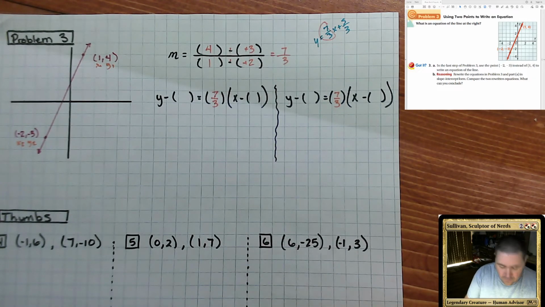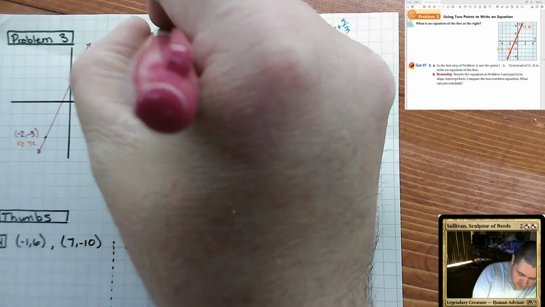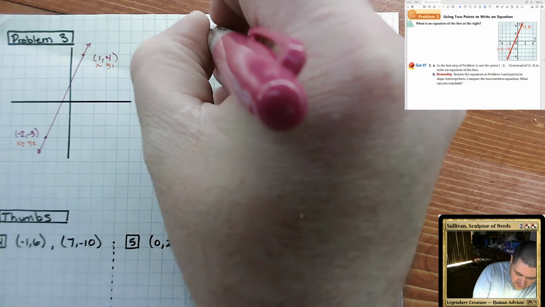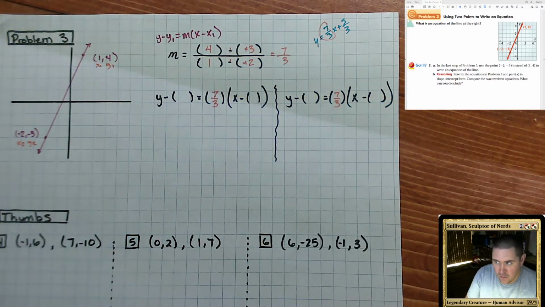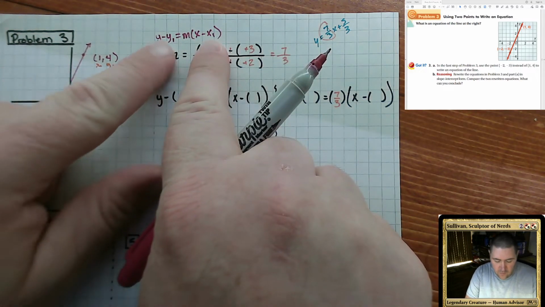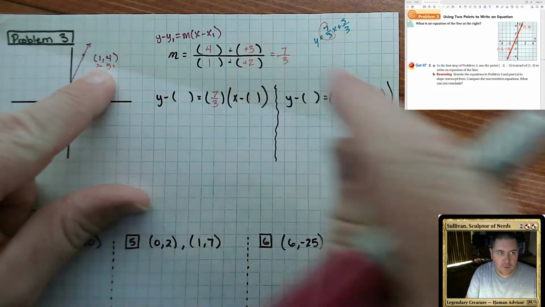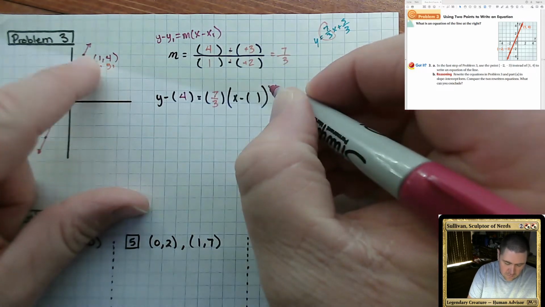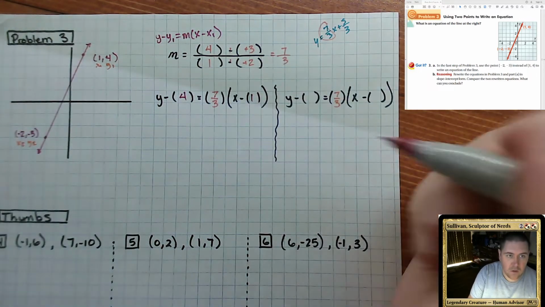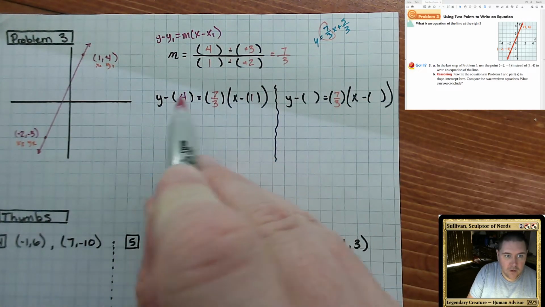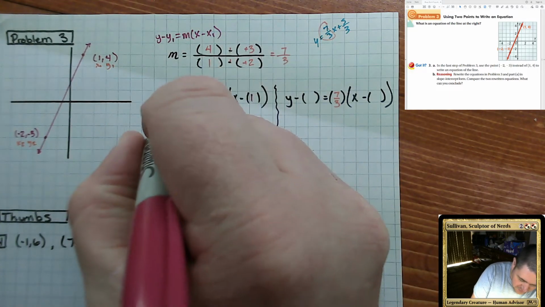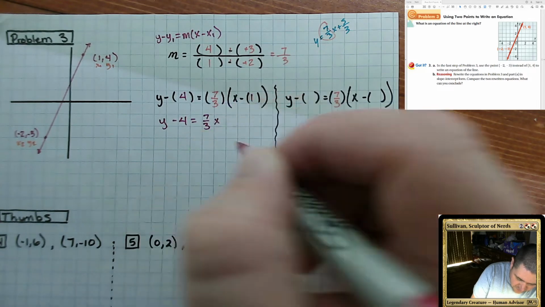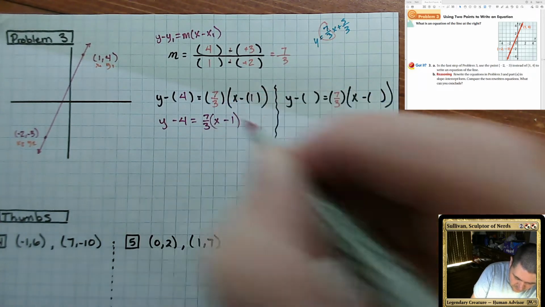Now the formula, y minus y1 is m times x minus x1. Okay, well the formula said x1, y1, so maybe I should just use this. y1, x1. I don't have to go changing any signs, I'm just at y minus 4 is 7/3 times x minus 1.